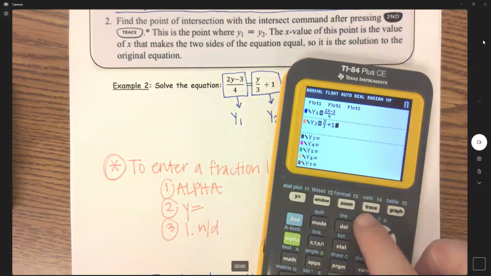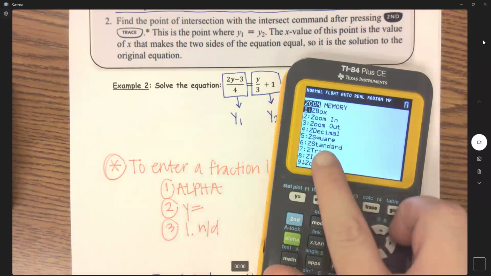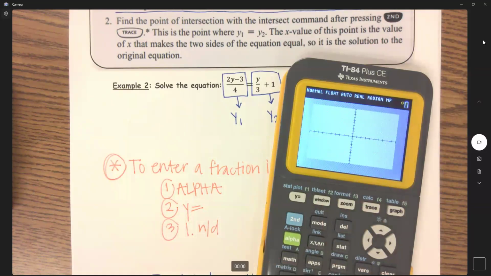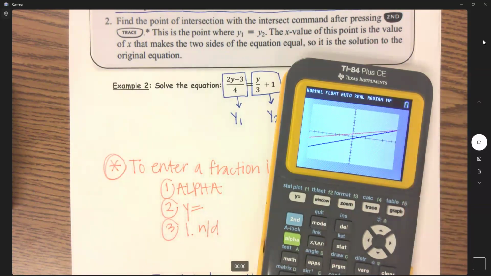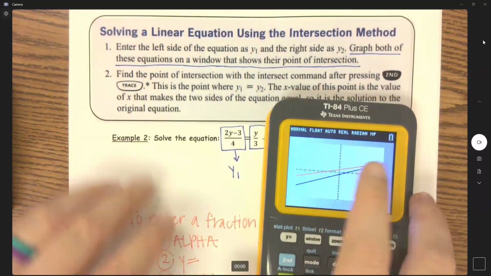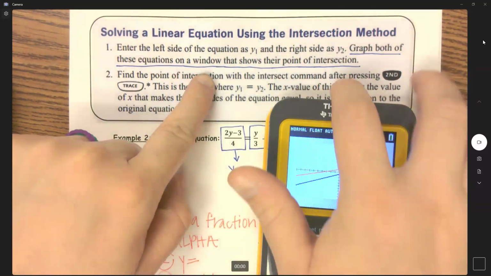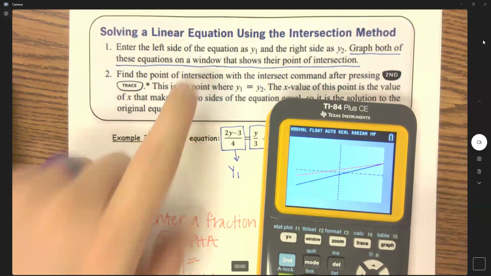And I'm just going to do a zoom 6. We're going to try a standard, number 6, since I don't know what the solution is. Okay, there's my first one. And here is my second one. So they might be intersecting right there at the very edge, but let's just go ahead and expand that out a little bit, because I do need to make sure that their point of intersection is in my window.